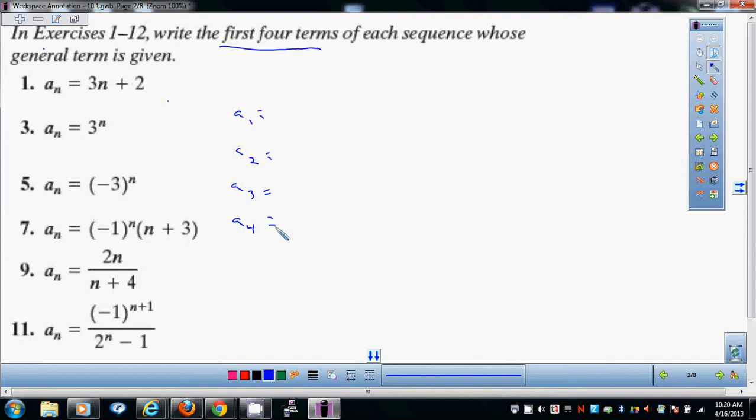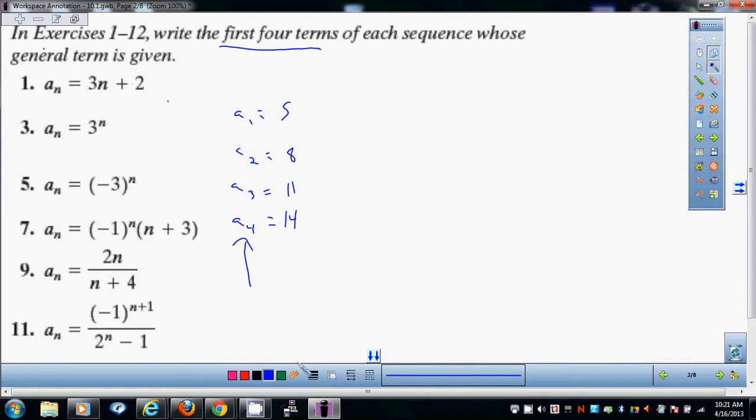For number 1, a sub 1 would be 3 times 1 plus 2. A sub 2 would be 3 times 2 plus 2. 3 times 3 plus 2. And 3 times 4 plus 2. You just plug the n number into your equation. And that's it. That's all there is to those.